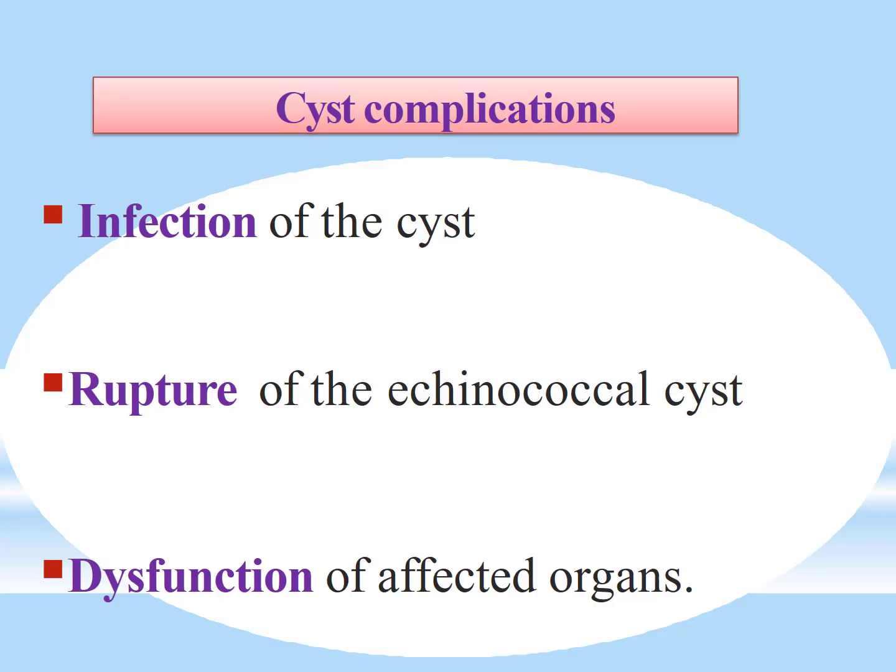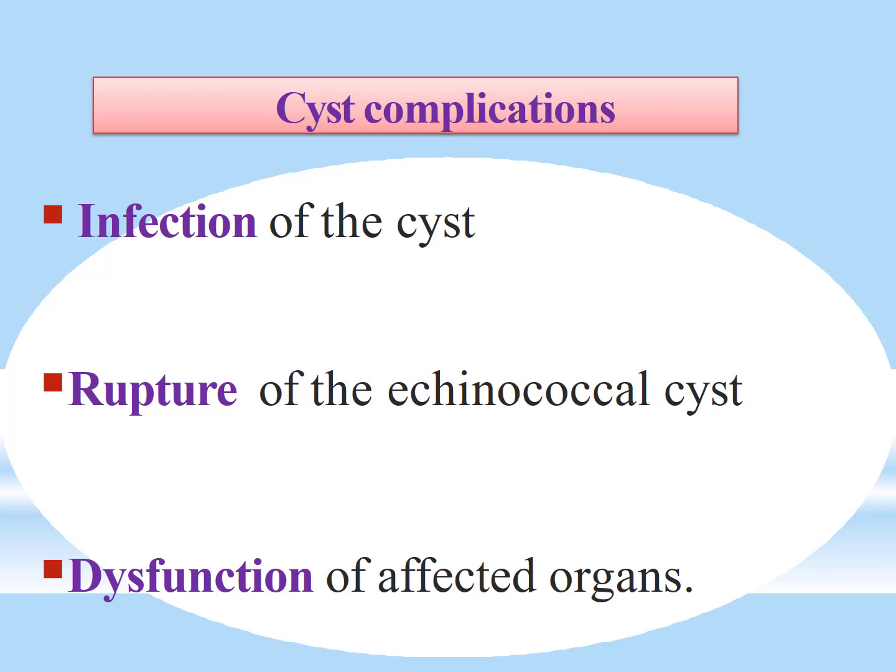Bacterial superinfection of hydatid cyst can occur, and it will present just like a pyogenic abscess, as we have discussed earlier. And rupture of the cyst into the biliary tree or bronchial tree, or free rupture into the peritoneal, pleural or pericardial cavity can occur.